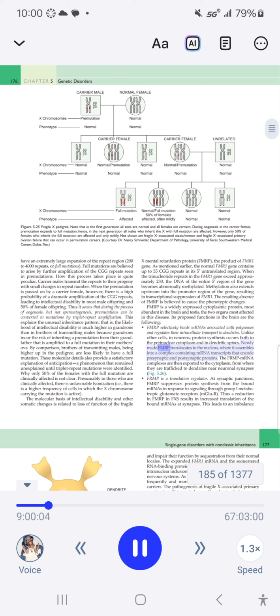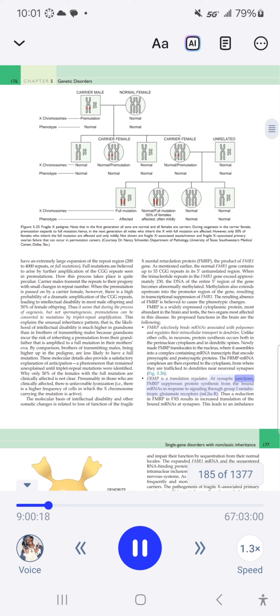Newly made FMRP translocates to the nucleus, where it assembles into a complex containing mRNA transcripts that encode presynaptic and postsynaptic proteins. The FMRP-mRNA complexes are then exported to the cytoplasm, from where they are trafficked to dendrites near neuronal synapses, Figure 5.26. FMRP is a translation regulator.